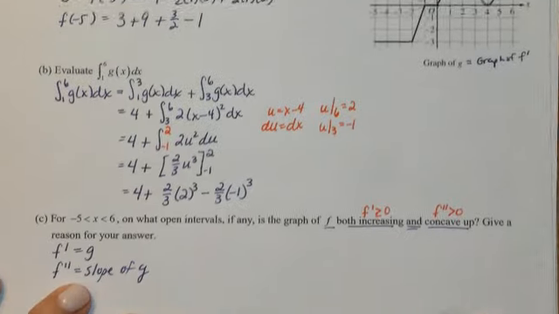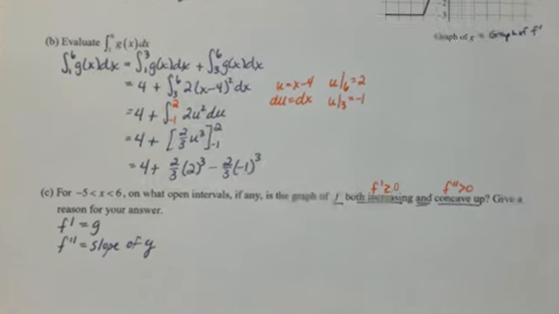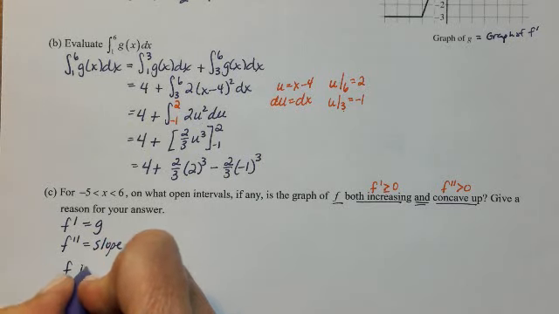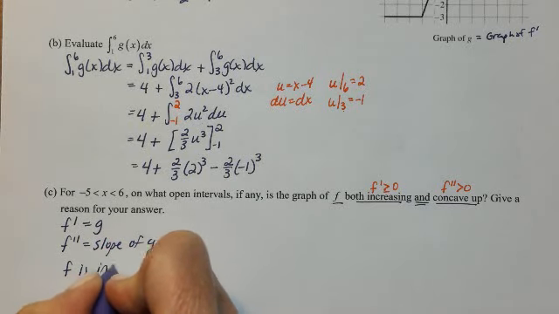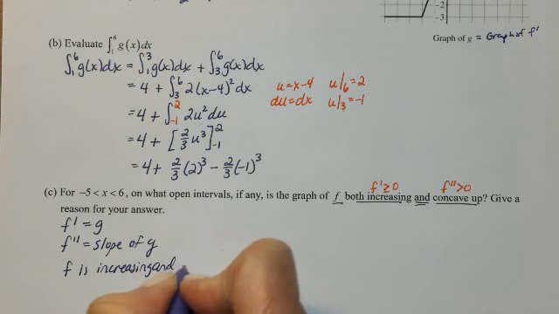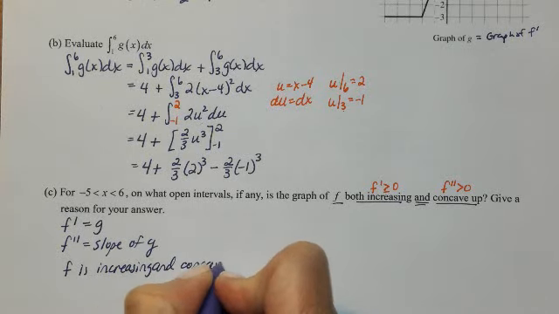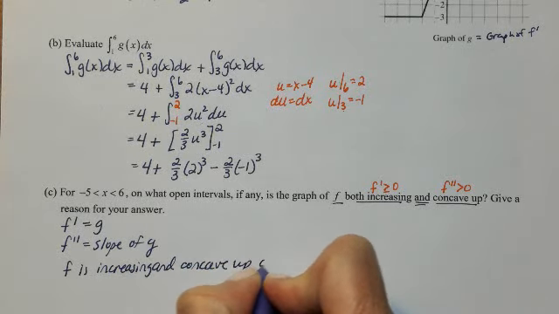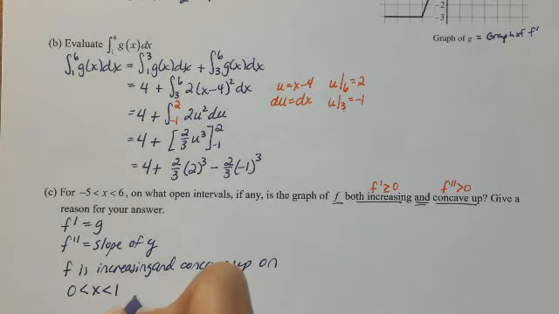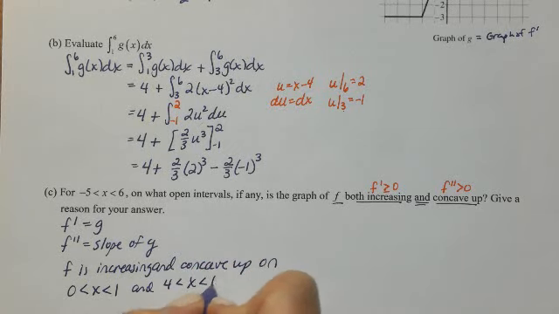So that's exactly what I'm going to say down here. F is increasing and concave up on 0 to 1 and 4 to 6.